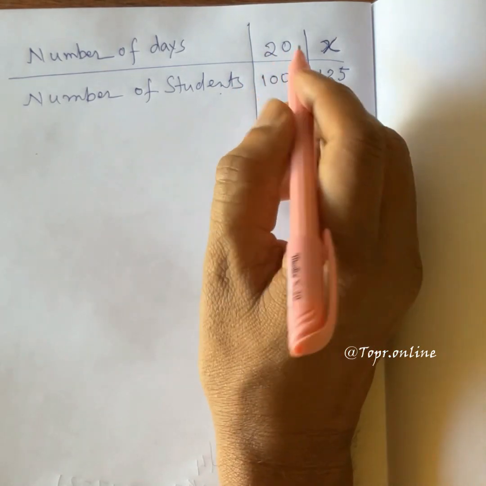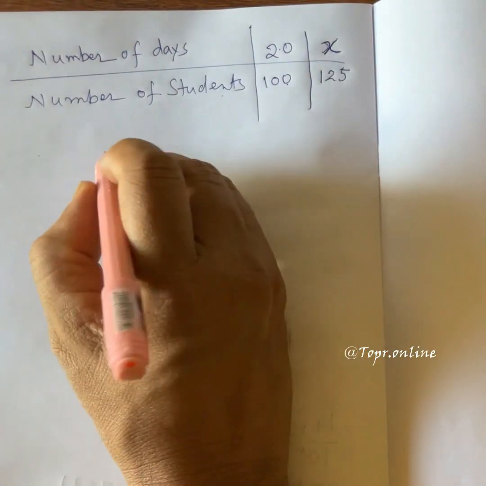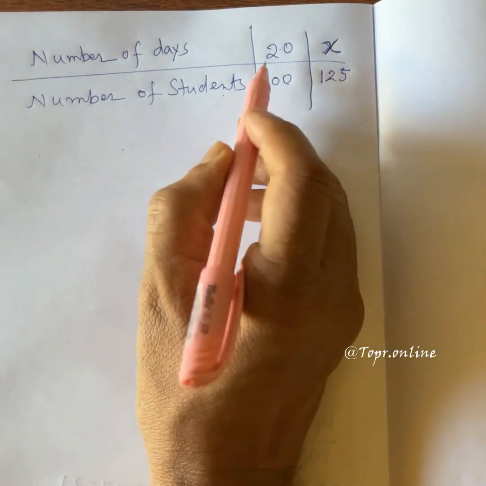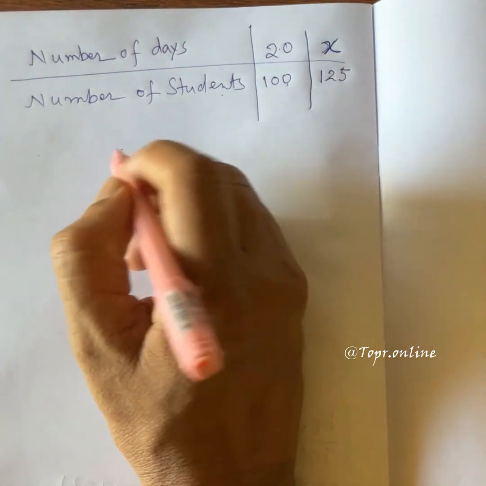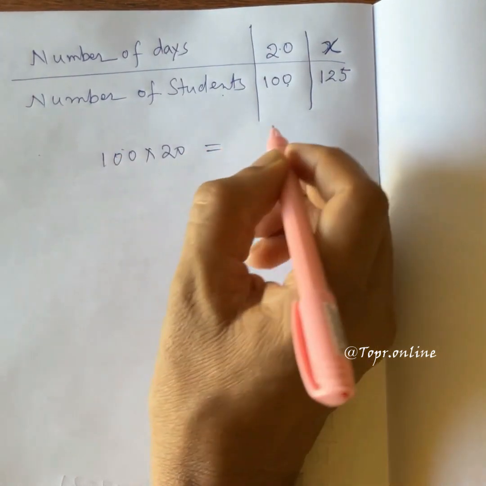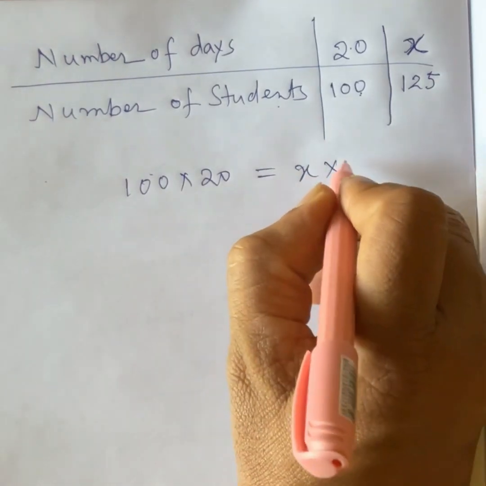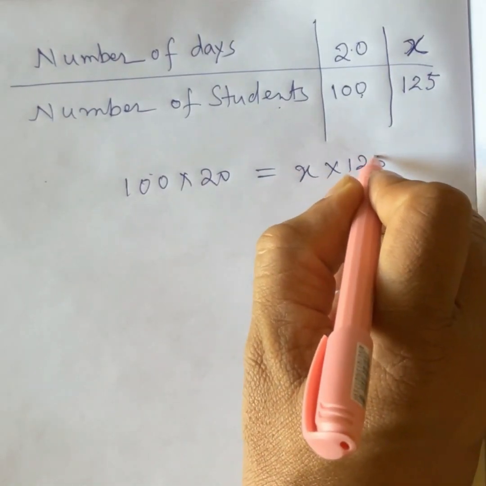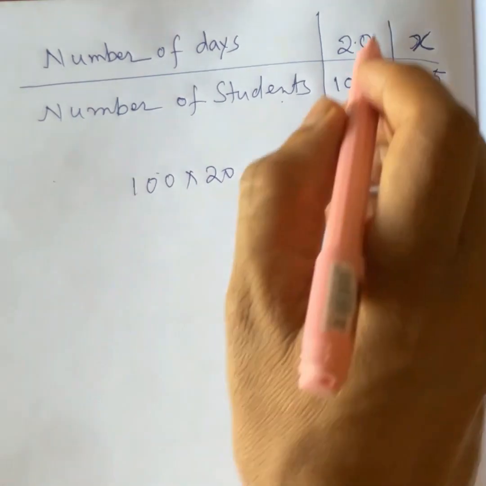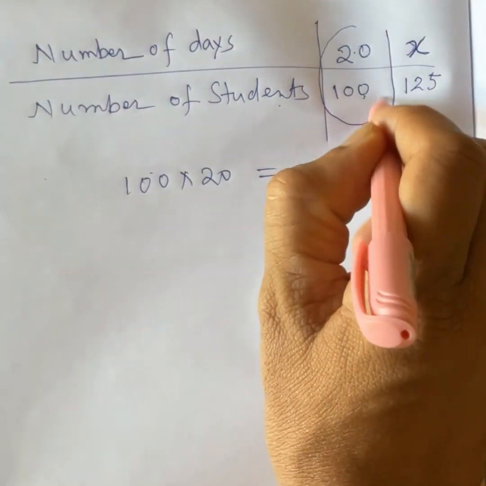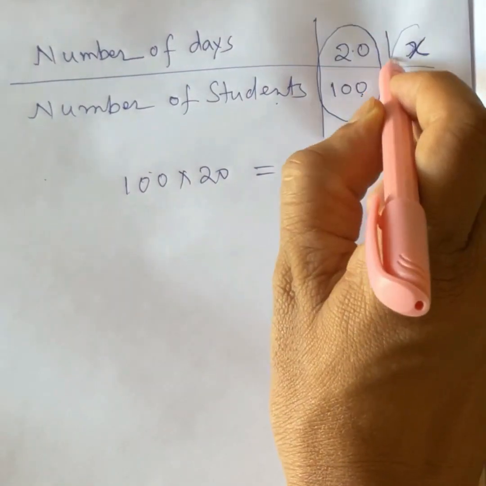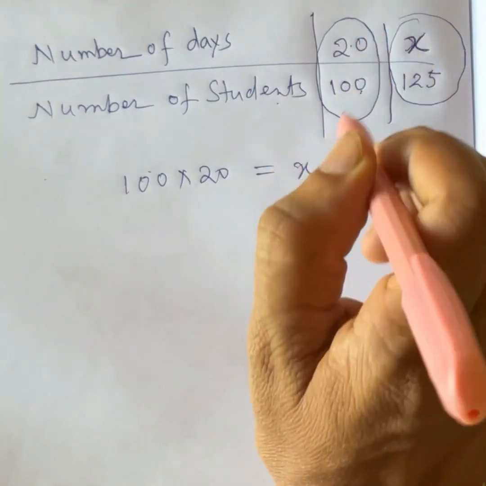In that case, from this table, you multiply the 100 and 20 together, and x and 125 together. In case of inverse relation, these are multiplied together and these are multiplied together.